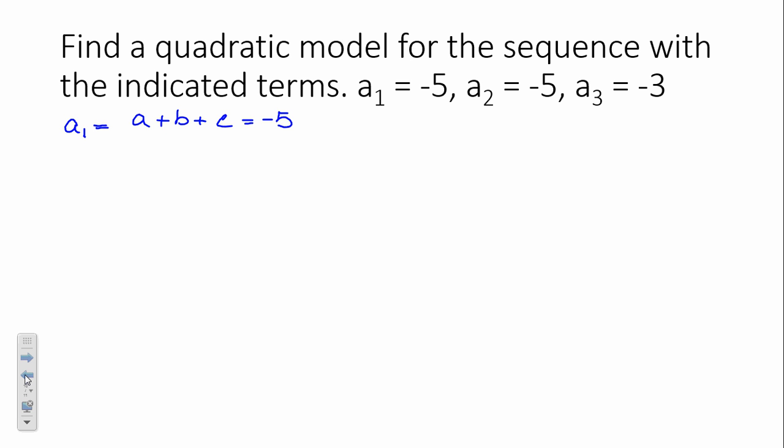Now when I plug 2 in for my n's, we're going to get 4a plus 2b plus c, and that will be equal to -5 as well. Now when we plug in our a sub 3, 3 squared plus 3b plus c will get us -3.